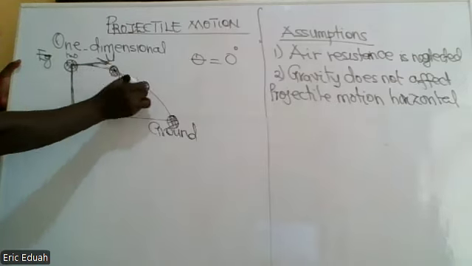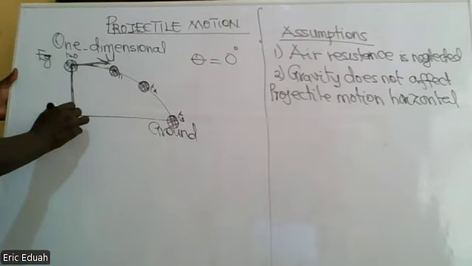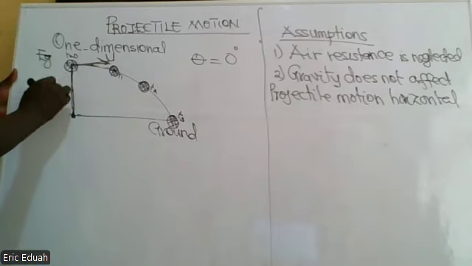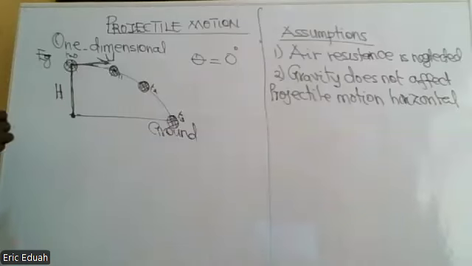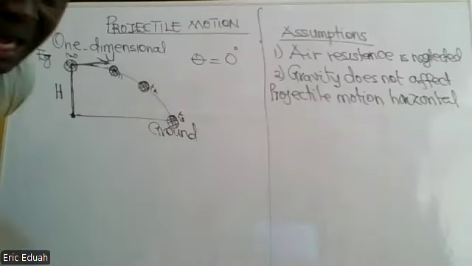Now, as the body moves, this is the reference, its starting point. It makes a vertical height h from the ground. So h is that vertical height of the projectile from the ground.